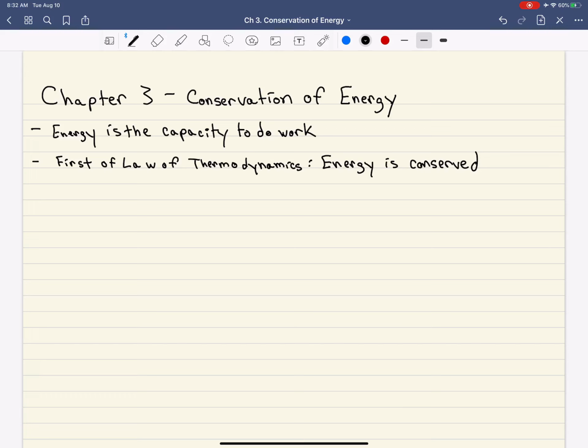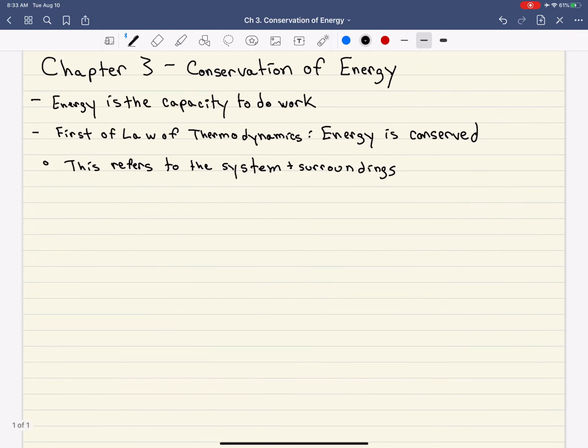The energy within a system can change. What we're actually talking about is that energy is conserved in the universe. And so the first law of thermodynamics is specifically referring to the combination of some sort of system plus its surroundings. The system and surroundings make up the universe.